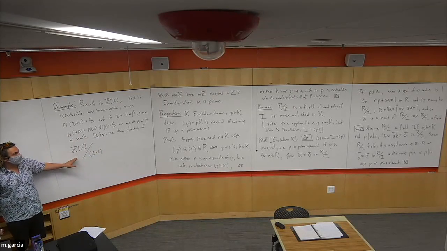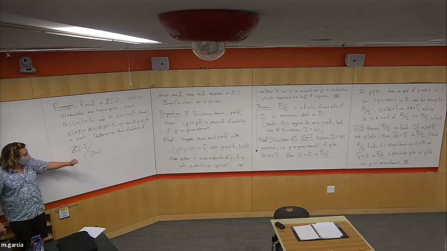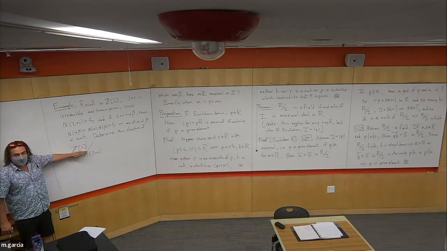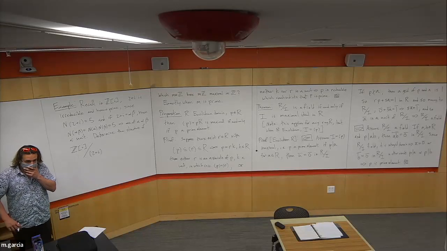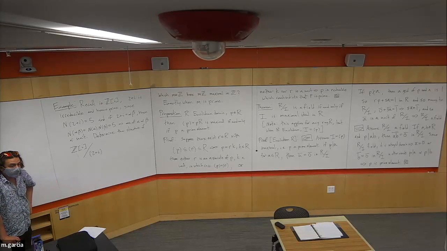I'm trying to characterize the possible remainders I could get when dividing any element of Z adjoint i by the generator, 2 plus i. If 2 plus i is prime, then this will be a field.